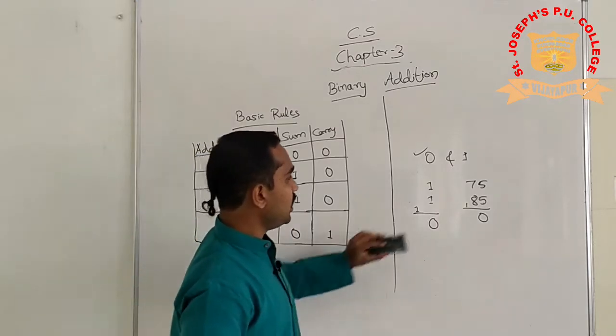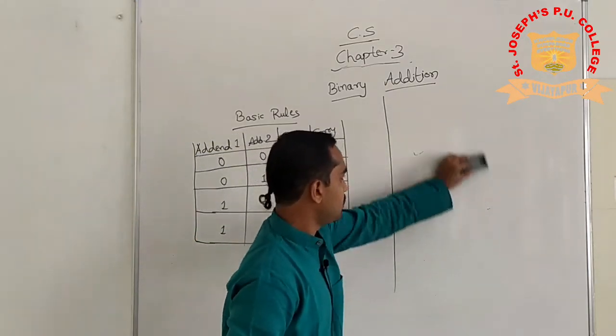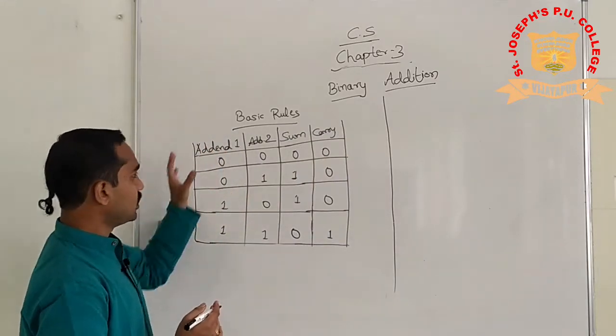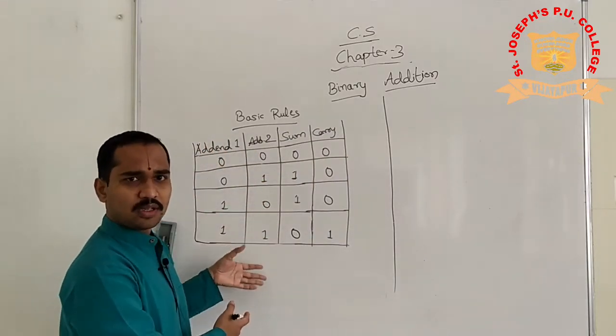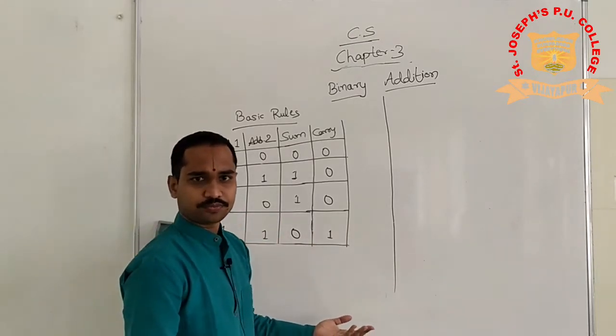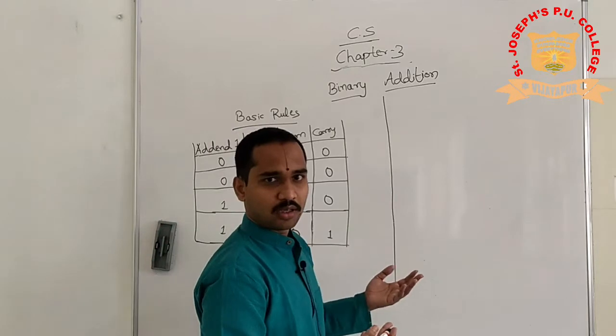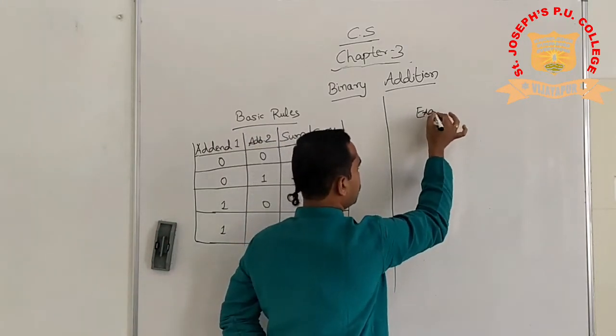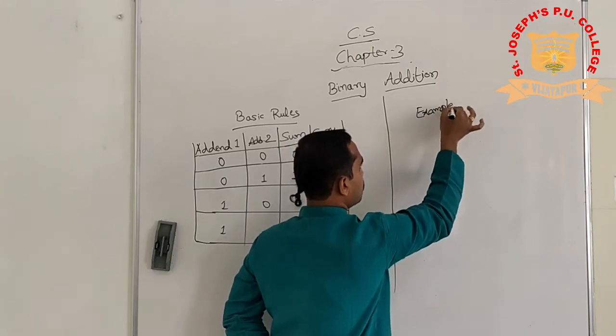Now using these basic rules, see, this table is the most important one. You all need to know this table. If you know this table, you can just apply these rules and add two numbers. Finished. Can we take some examples now?